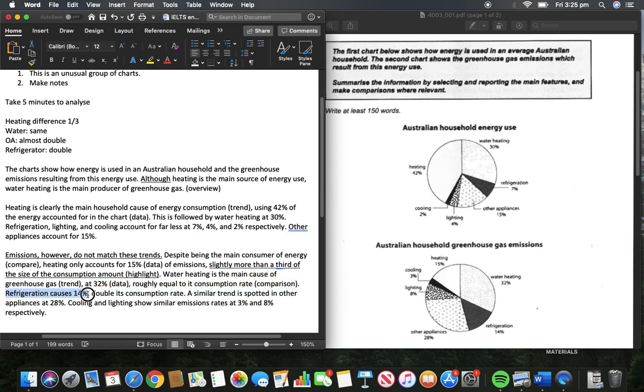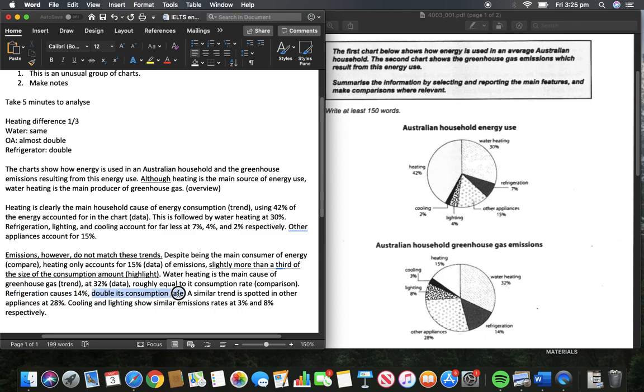Refrigeration causes 14%. Now, at this point, I don't have to say anything like refrigeration is the third big, it just doesn't matter. And I've gone to that one because that one's clearly marked. Other appliances, we just don't know what that is. So I've gone with refrigeration is 15%, 14%, so that's kind of trend and data.